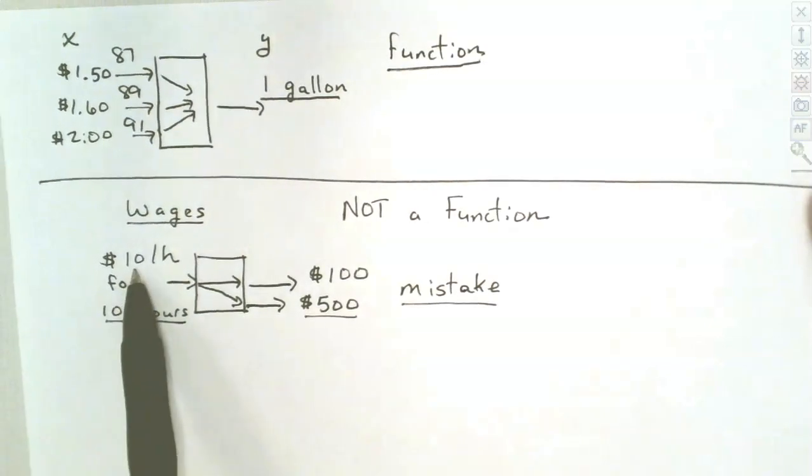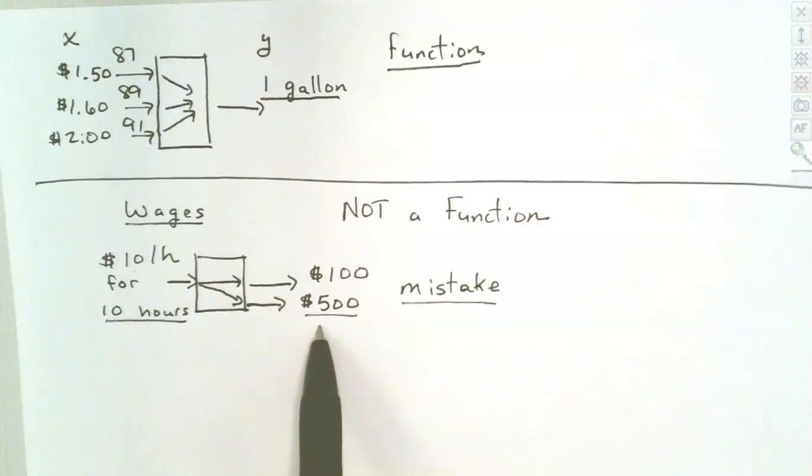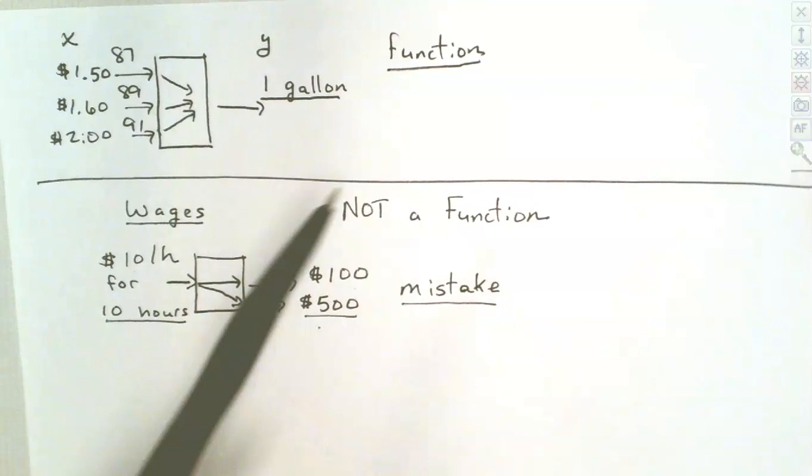So if you work $10 an hour for 10 hours, you should get $100, not $500. If you got $500, then there's a mistake somewhere. They gave you extra money. Maybe they typed in the numbers wrong. They must have typed in 50 hours instead of 10, but they made a mistake. See, this is not a function.